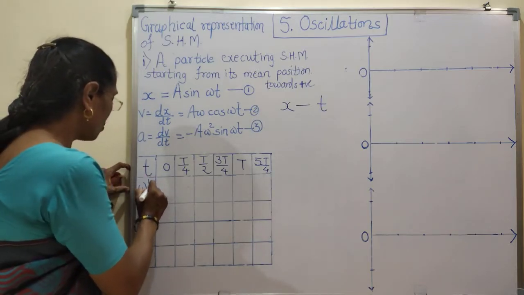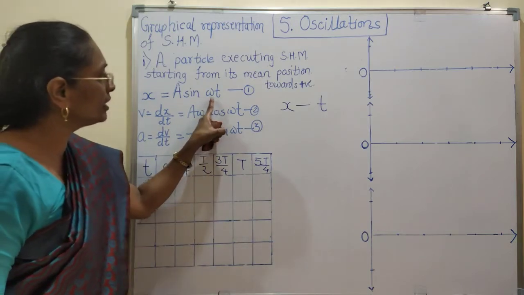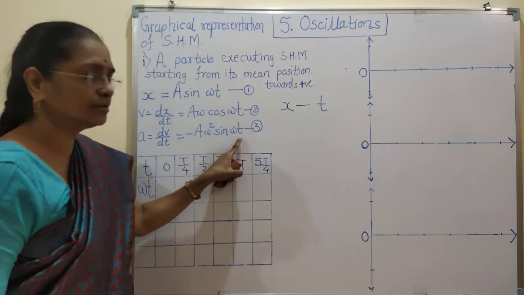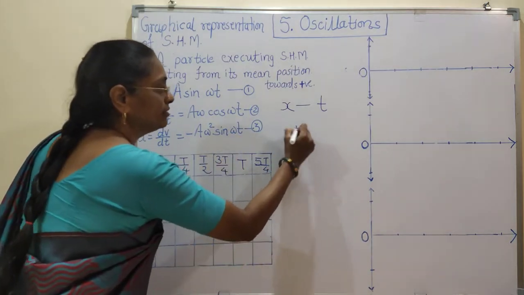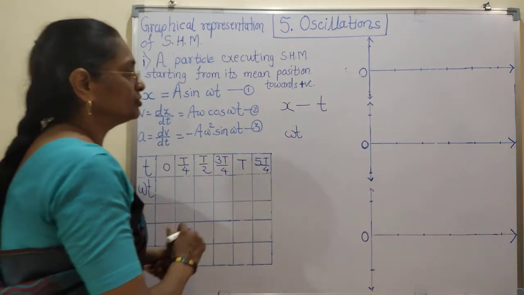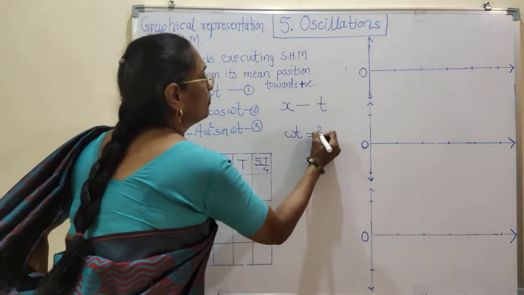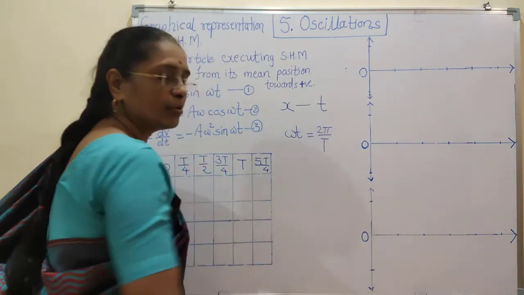In the next row we write the values of omega t, that means the phase. That phase can be obtained by taking the values of time, because we know the expression for omega is twice pi upon T.